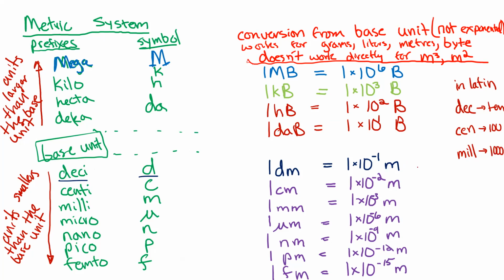Now, in the case of the metric system, we're actually saying thousandth, hundredth, tenth, meaning smaller than, but mil means thousandth. So the prefix actually does indicate where we're trying to go, especially for those ones.